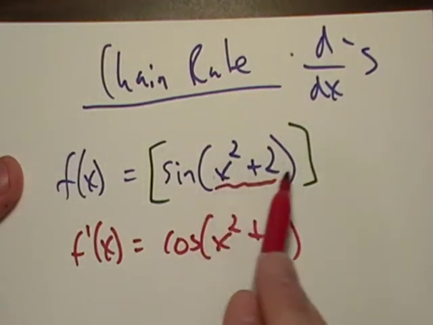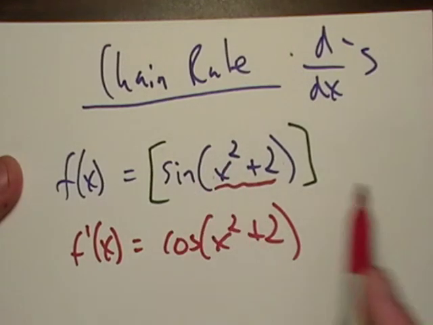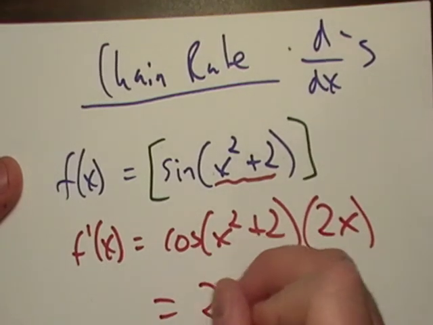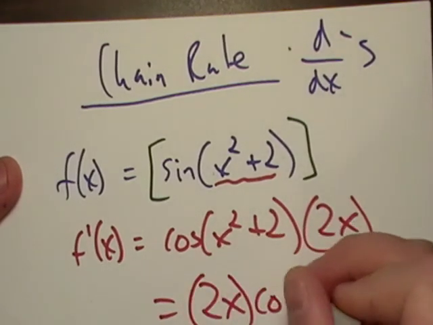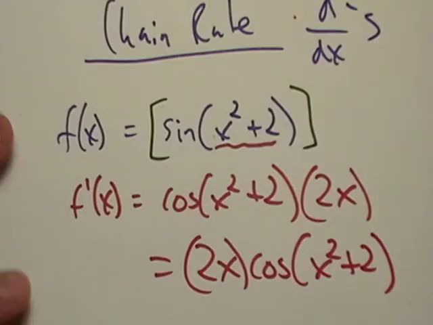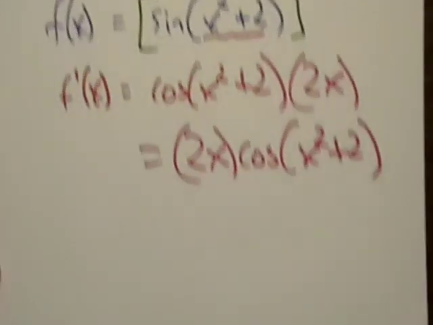But now I want to take the derivative of the inside and multiply it by what I've got right here. And that's just going to be 2x plus 0. So there I am, and that's not too bad. We just use the chain rule.